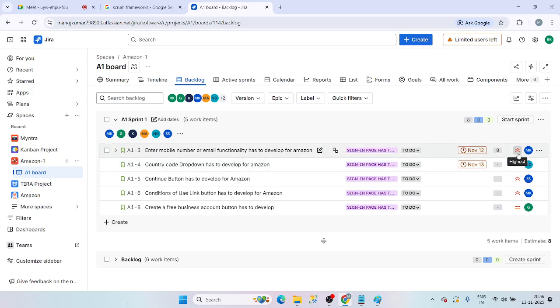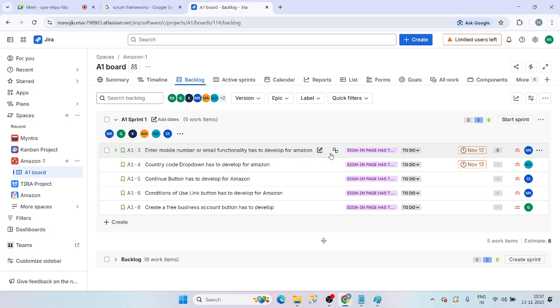See here, there is a highest. If you click here, it is showing. The Product Owner will bring 100 requirements. Now, based upon this order, A13, A14, A15, we will estimate the tickets.